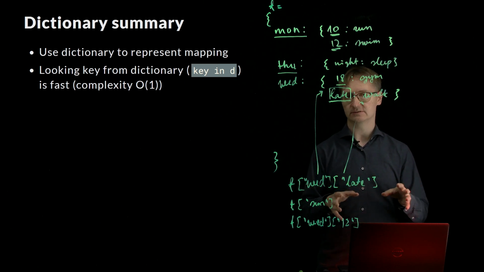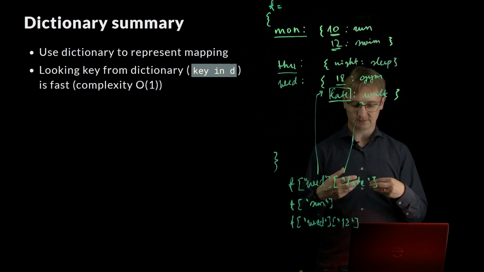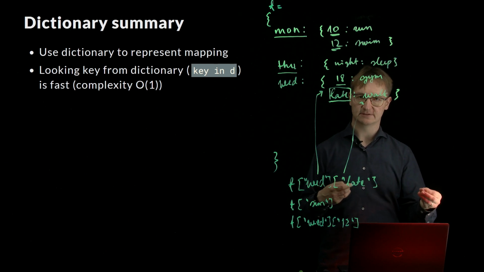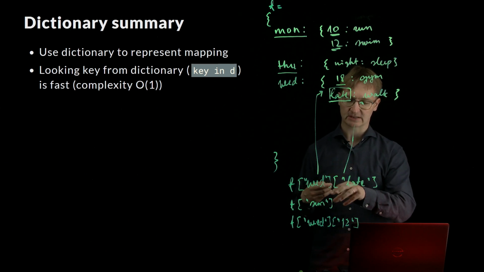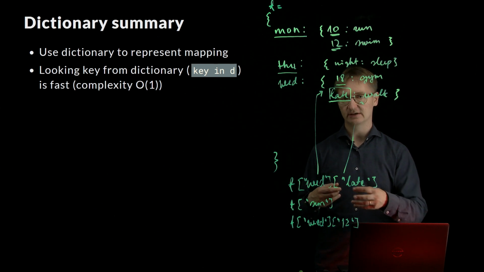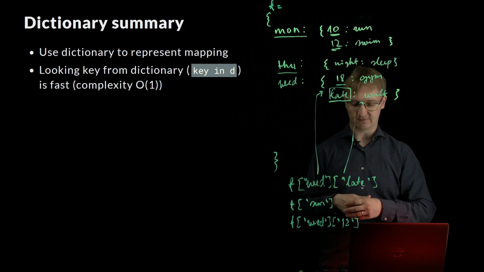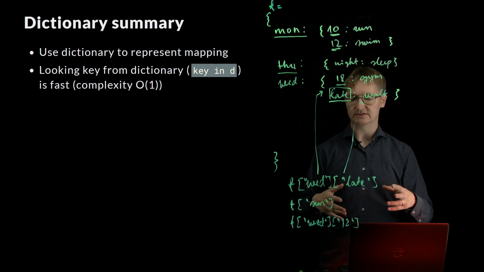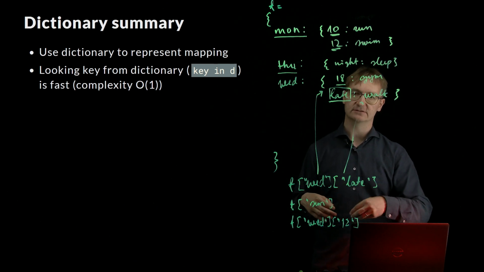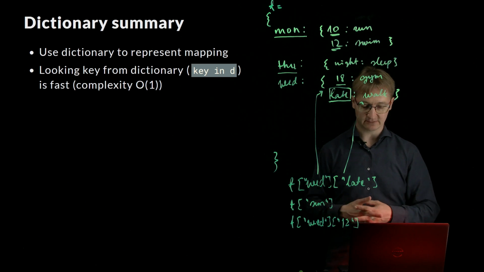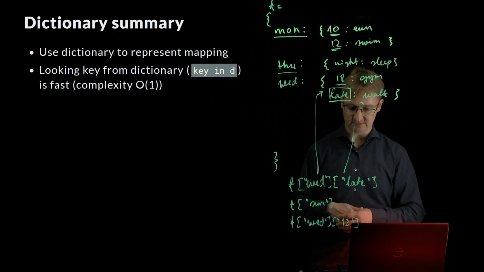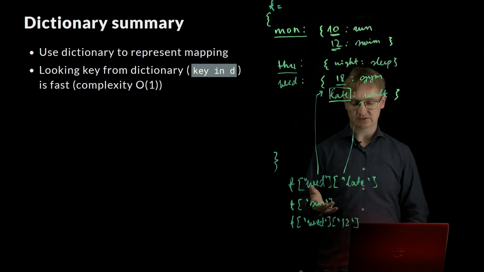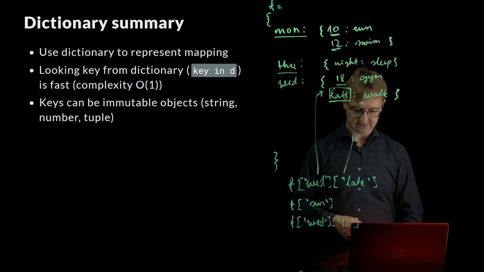This takes time because in essence Python has to go through the whole list, checking the first one, the second one, and so on. But in a dictionary, the key check is really fast. Basically the complexity is O(1), which means only one operation is done to get this value. So inside the dictionary, key check is fast.